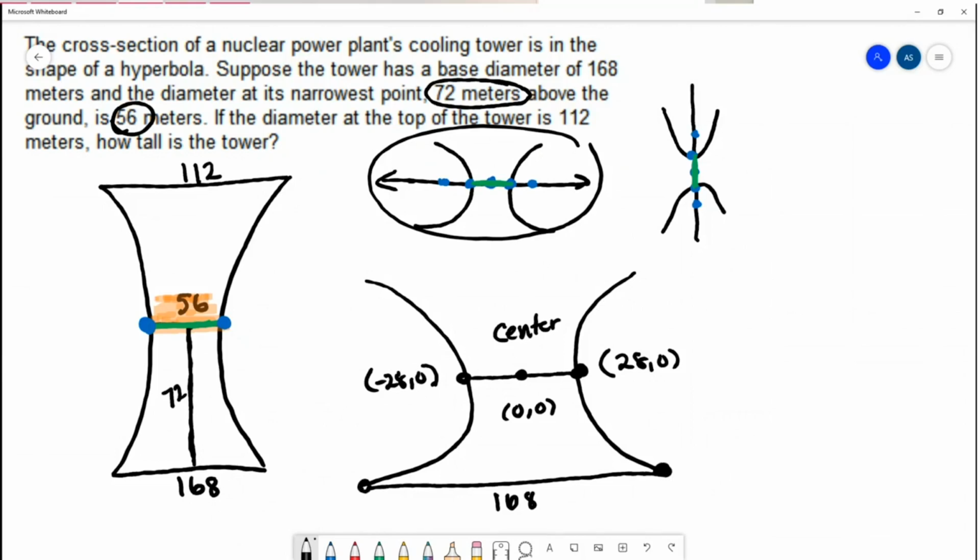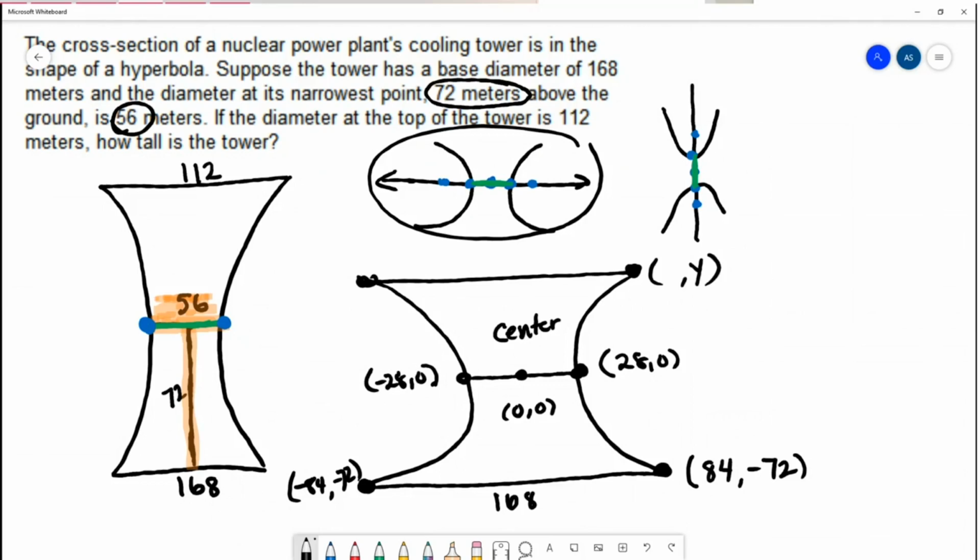So that means that these two ordered pairs are going to be, let's see, 84 and negative 84 for the x's. And then for the y, we've got this height of 72. And so that means I'm going to go negative 72 for the y coordinates on both of those. So then I'm going to write the ordered pairs at the top here. Now the y coordinate we don't know.